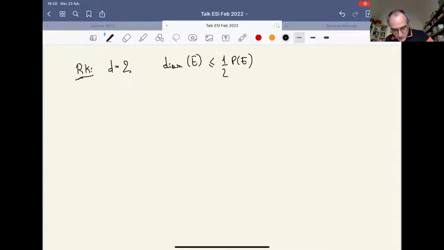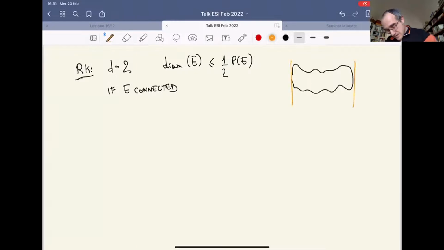Essentially because in dimension 2, if E is connected, let's say, so the boundary connected, you have this bound here, essentially because the diameter, of course, is bounded by the perimeter itself.